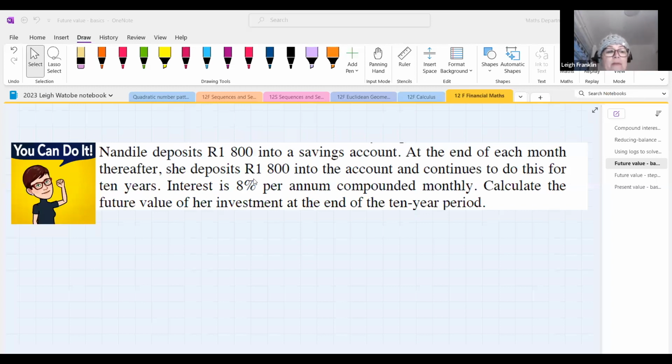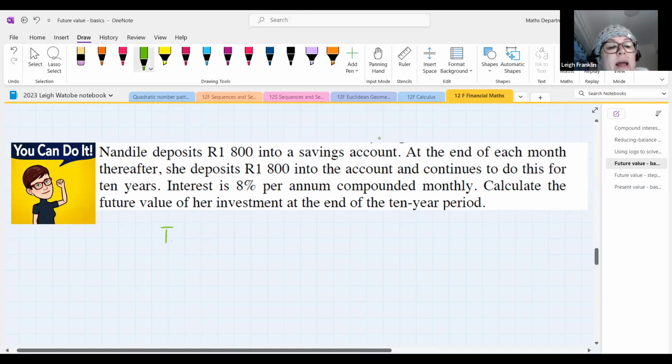They're implying that in the first month, there are 2 deposits, one at the beginning of the first month and one at the end of the first month, and at the end of every month after that. Does that make sense to you? So in this case, we can see that at T0, when she opens the account, and then at the end of that month, she does it again, and then at the end of every single month thereafter she is depositing this money.